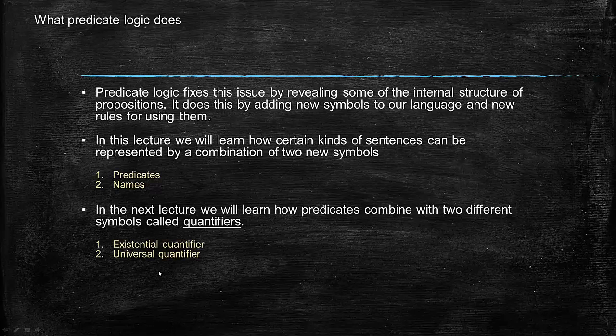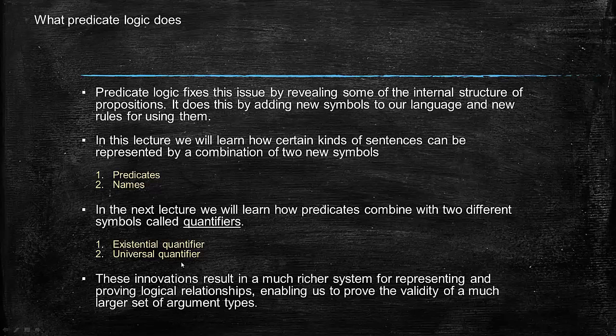In the next lecture, we'll learn how to characterize propositions like all are or some are, which involve introducing a tool called a quantifier, and there's two kinds of quantifiers, the existential quantifier and the universal quantifier, but that's all for next time.